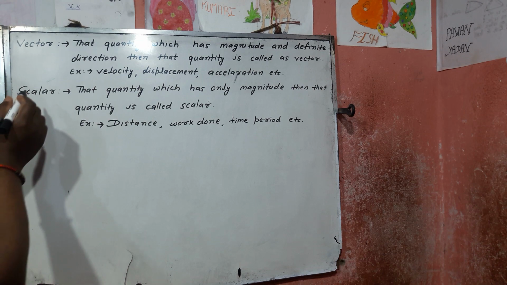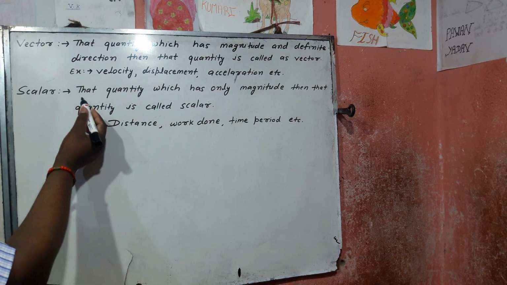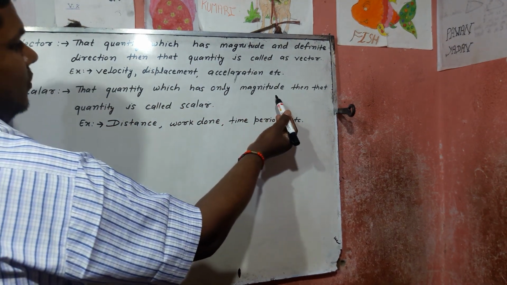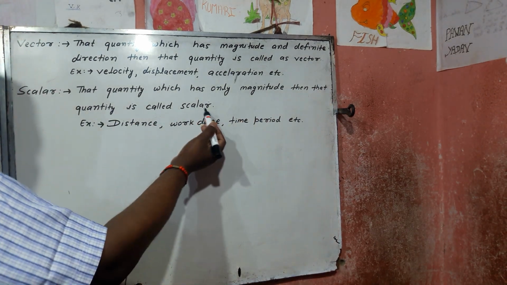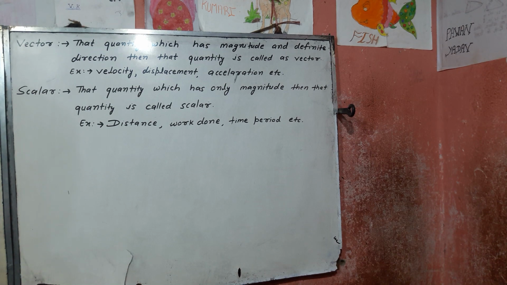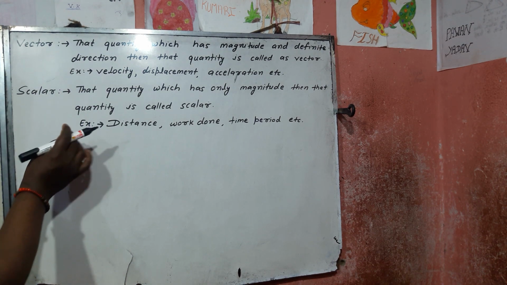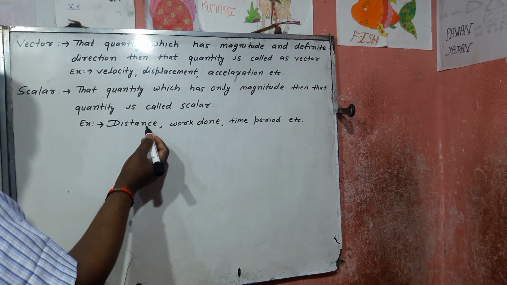We shall understand about a scalar. That quantity which has only magnitude is called a scalar. For example, distance.